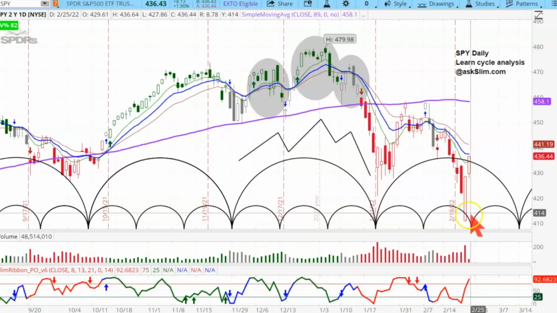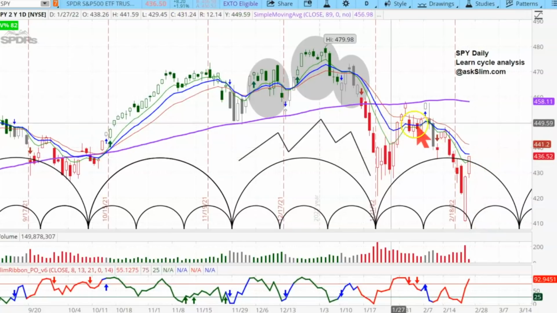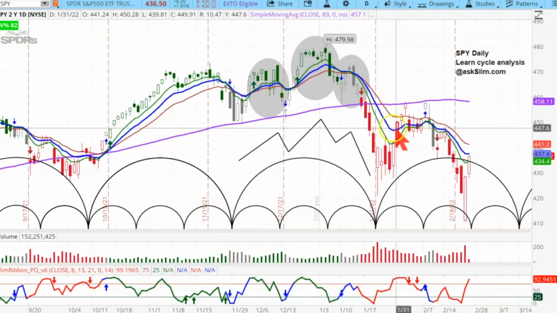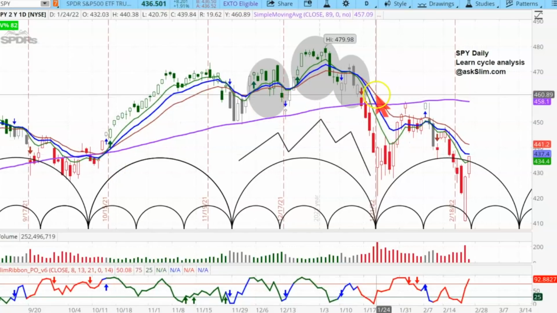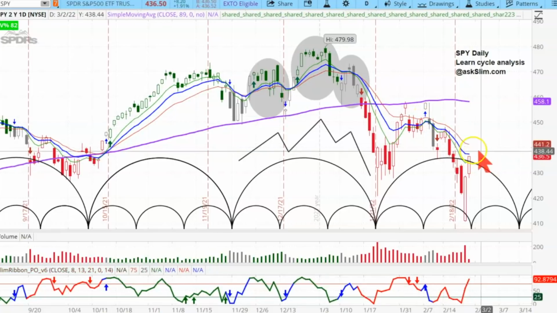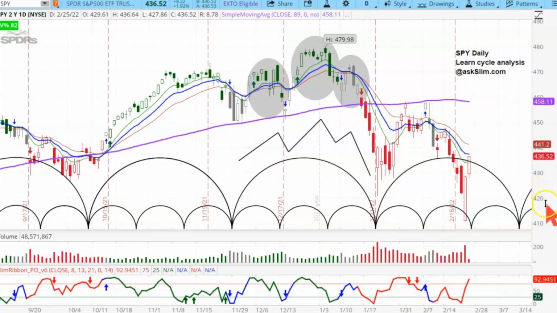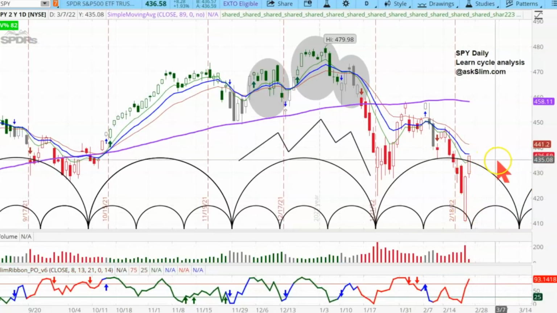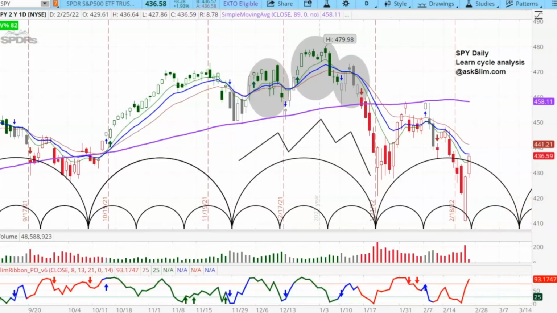And then you get this very significant rebound in here, and it's moving up into the slim ribbon. Now, often the slim ribbon is support or resistance, and in this case, it got a little through it and came down again, and now is getting back up to it right over here. And this rally is likely going to fail and then get one more move to the downside right there.